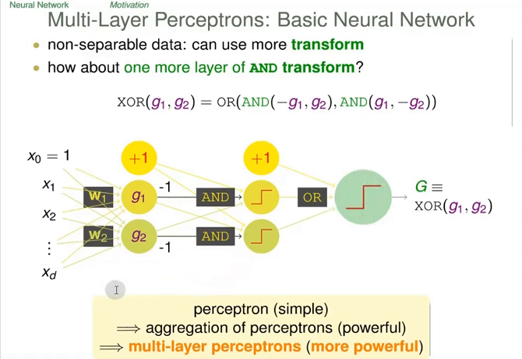All right, the simple perceptron has no hidden layers. It has just an input and output. The addition of hidden layers is what allows us to implement more complicated targets.